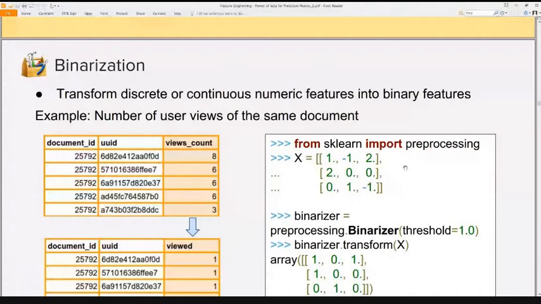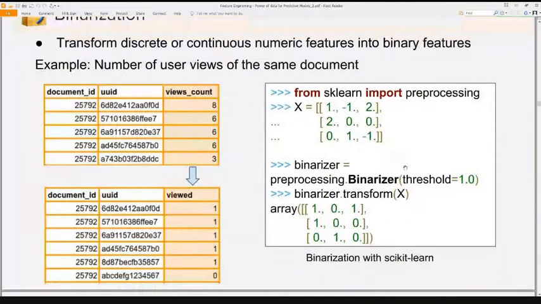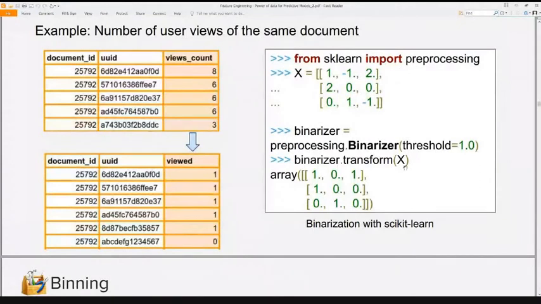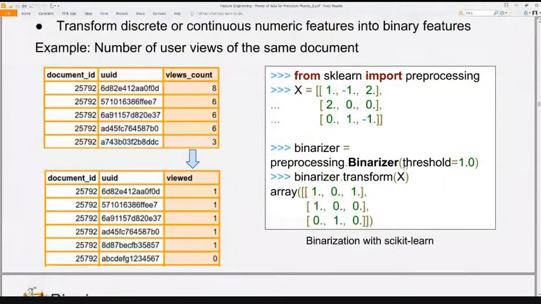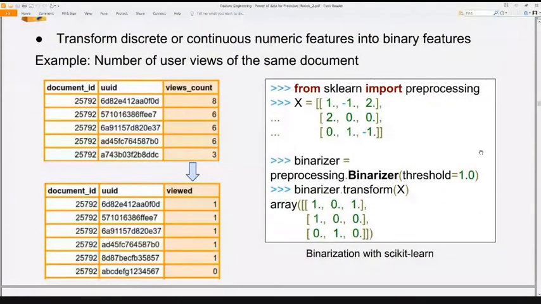Binarization. We are transforming discrete or continuous numeric values into binary features. For example, user views of the same document. X equals 1, 1, 2, 2, 0, 0, 0, 1, minus 1.